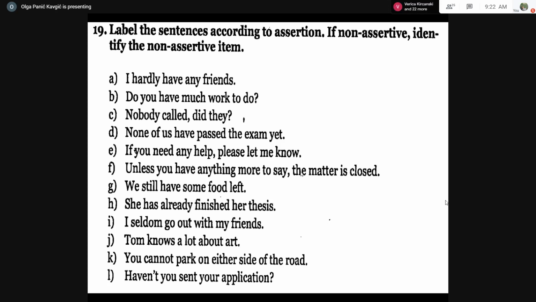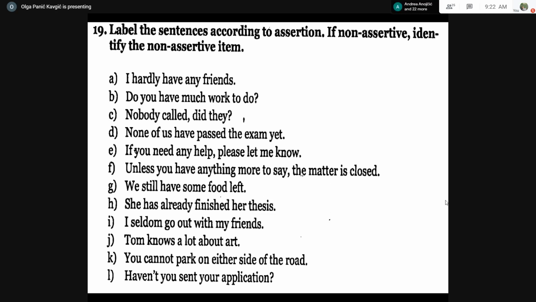Lalić Svetlana, is she here? Oh, good. First I heard something like a crack, but now I hear you. So the next one, and that's J. Tom knows a lot about art.